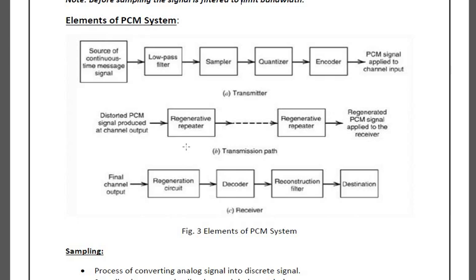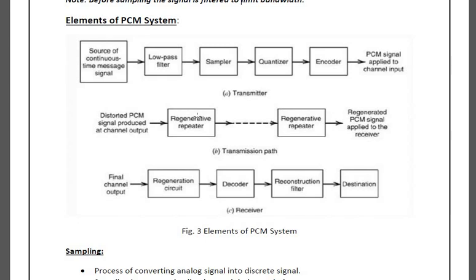I'll repeat it once again, please note it down. The regenerative repeaters are the intermediate points between your transmitter and the receiver, used to boost up your pulse amplitude as well as to avoid distortions. It consists of an equalizer, timing circuit and decision making circuit. So the regenerative repeaters consist of 3 parts.